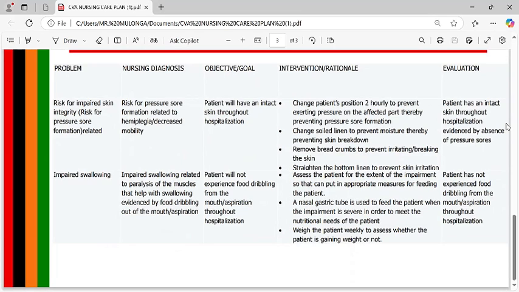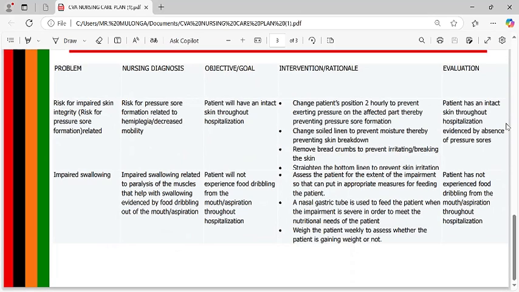From there, we look at the other point. Our other point is: I will remove breadcrumbs to prevent irritation or breakdown of the skin. Here we can use the term breadcrumbs or any dirt. What we want is that the bed remains free.